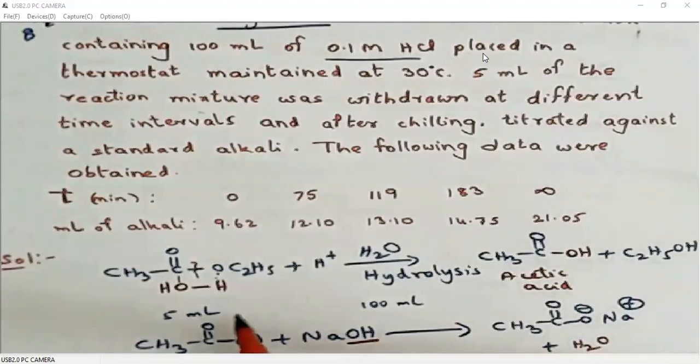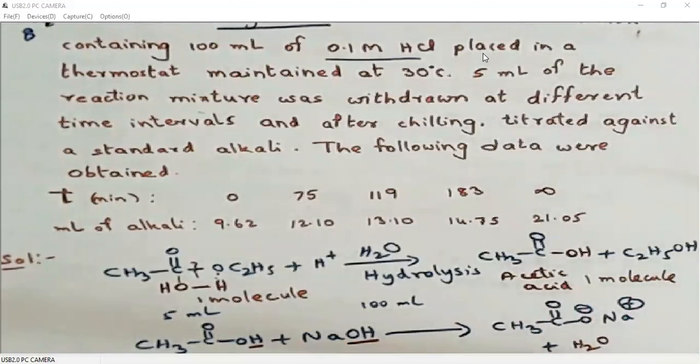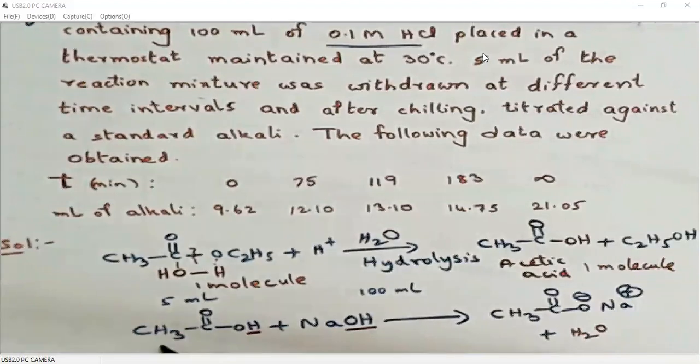Now, from this expression, it is very clear that one molecule of ethyl acetate will generate one molecule of acetic acid. From the below expression, one molecule of acetic acid will react with one molecule of NaOH. Now, we don't know the amount of acetic acid.